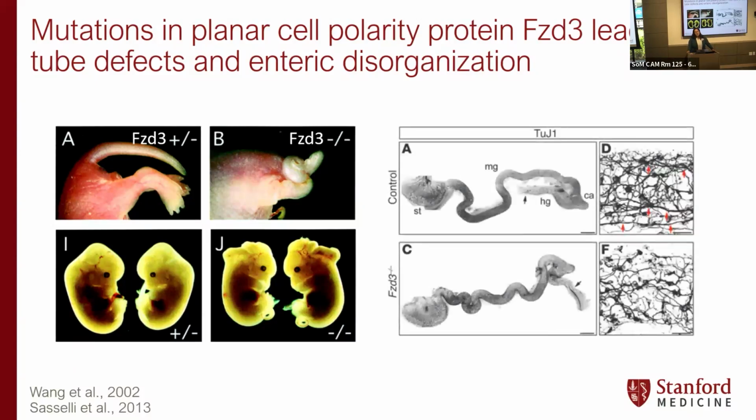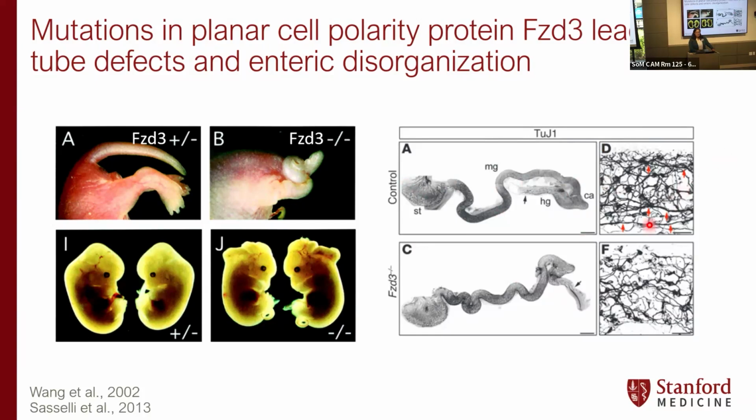Interestingly, there's also some evidence to suggest that Frizzled 3 is important in patterning of the enteric nervous system as well. So this is a control mouse on the top and then the Frizzled 3 mutant on the bottom. On the left, you're seeing the whole gut dissected out, so stomach here and kind of going along this way. And on the right, this is a zoom in on the tissue, showing you neurofilament staining.